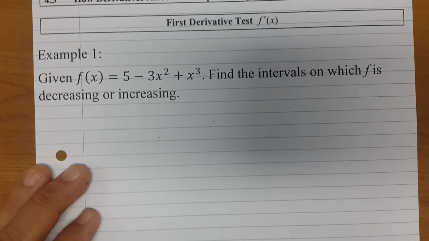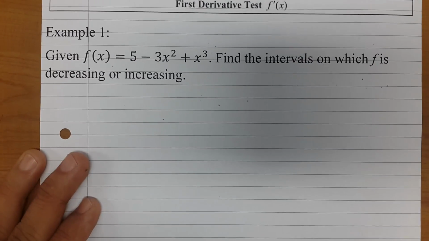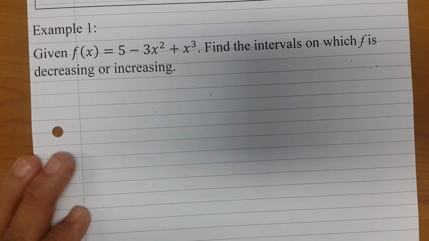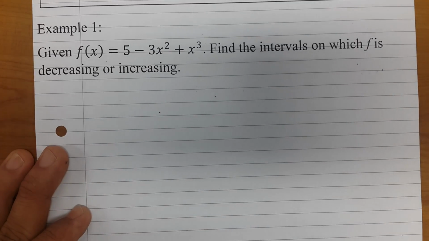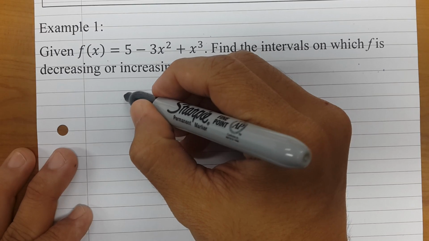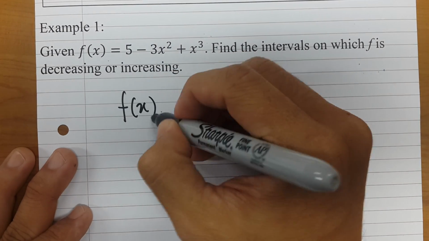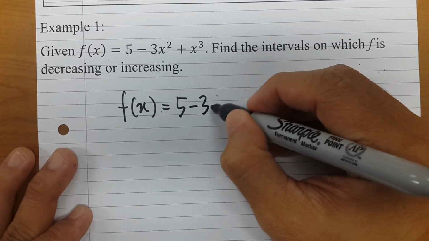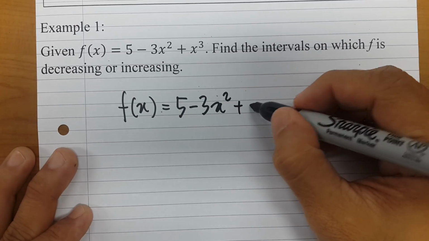So the first step to solve this kind of question is to find the critical points. Right? In order to find the critical points, we need to find the derivative first. So we start with f(x) equals 5 minus 3x squared plus x cubed.